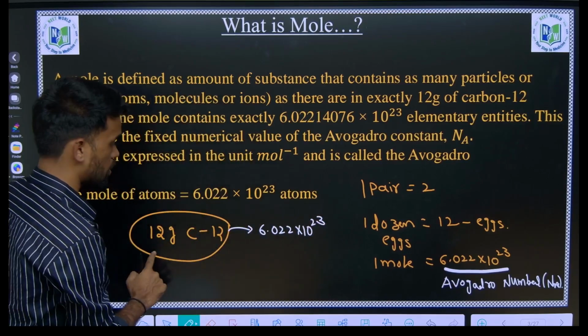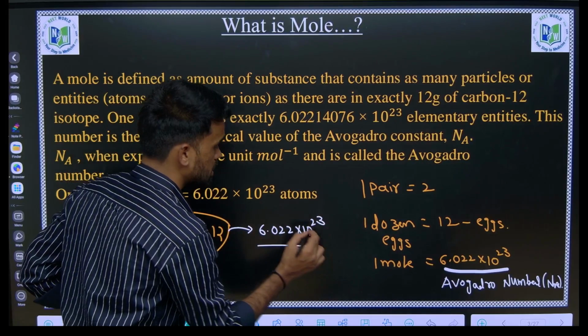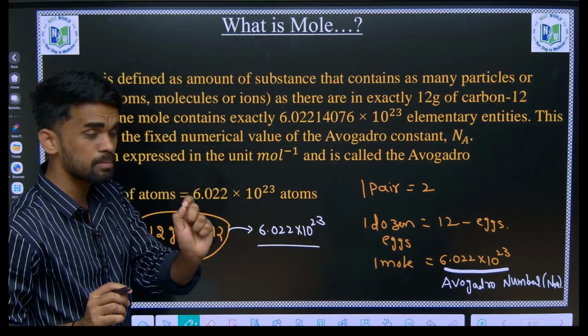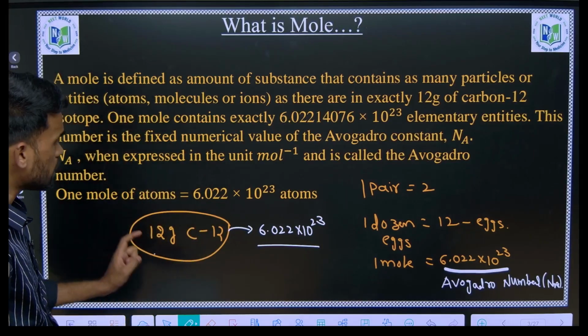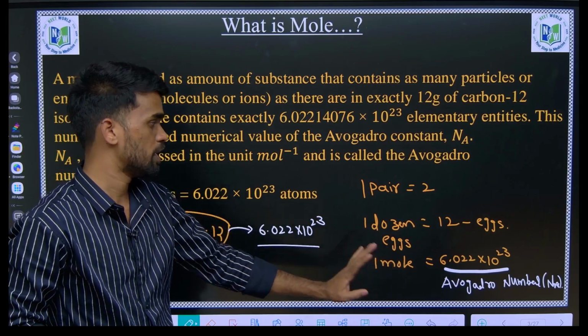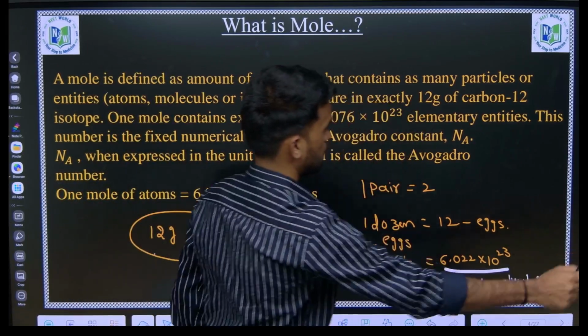So 12 grams of carbon contains this many carbon atoms in that amount of substance. That number is called the Avogadro number. Let us move further.